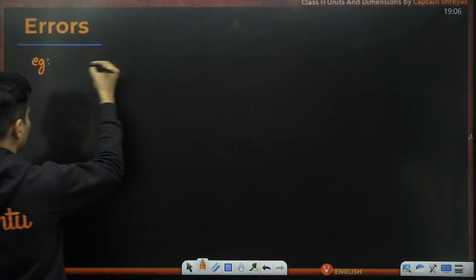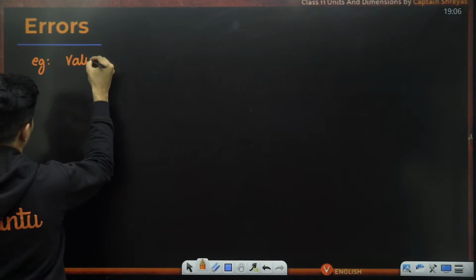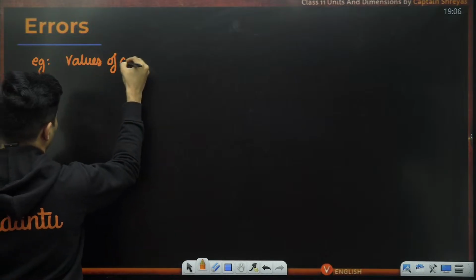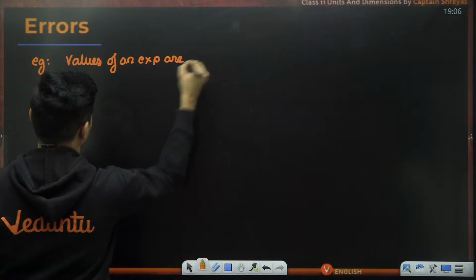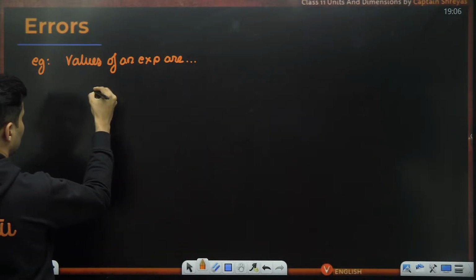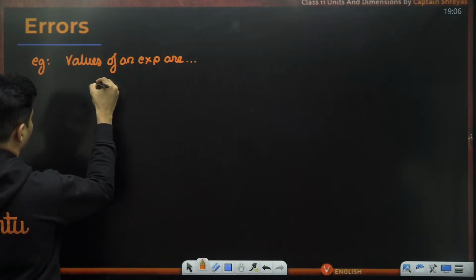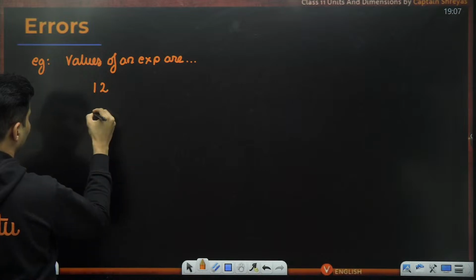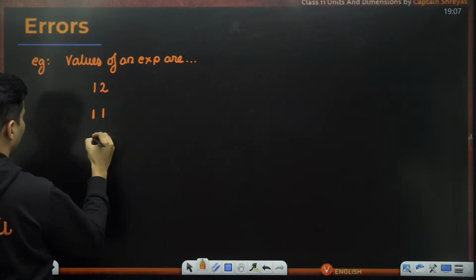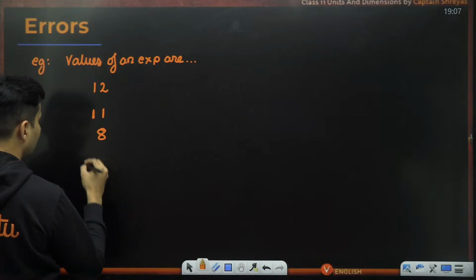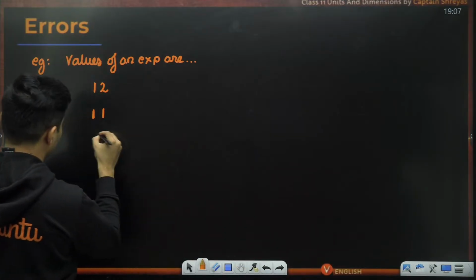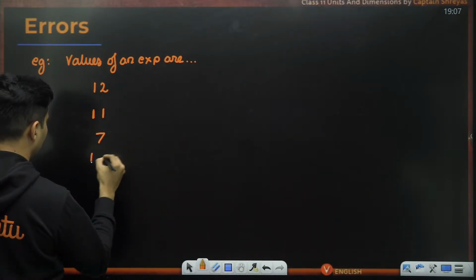Here are the values of an experiment as follows. Let's say it is the number 12, then the number 11, then the number 8, then the number 7, and let's say the number 10.